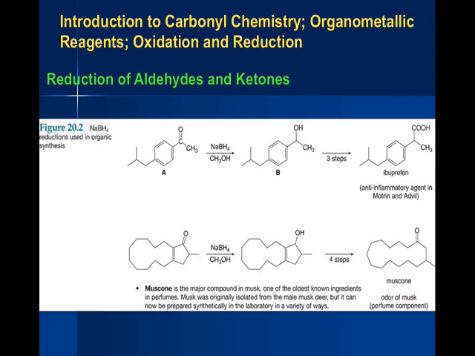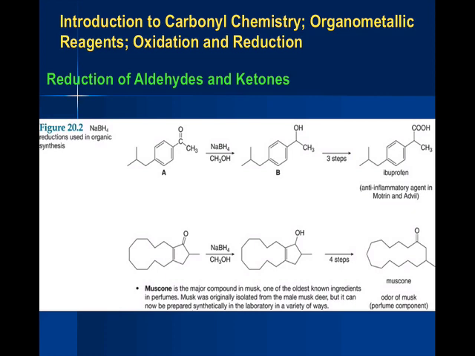They use methanol because it'll dissolve this quite nicely. You get the secondary alcohol, which is an intermediate B, and then they take that and through a few steps actually make ibuprofen. Ibuprofen is highly sold all around. You know, this is Motrin and Advil and all the generic versions, but it's made using sophomore-level organic chemistry. Okay, so it's very useful.